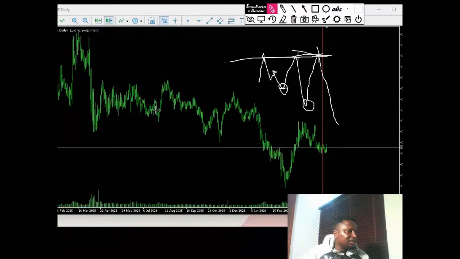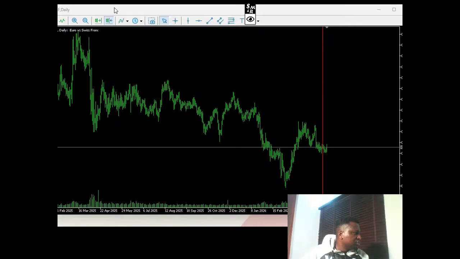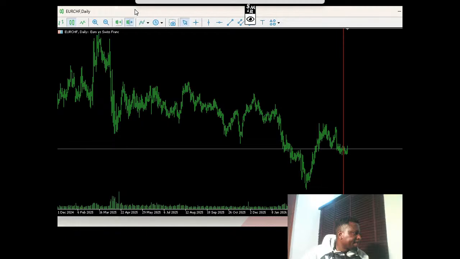So let's look at it on the chart. I can change this from candle to line chart. If I change it to line chart, it will even be clearer.